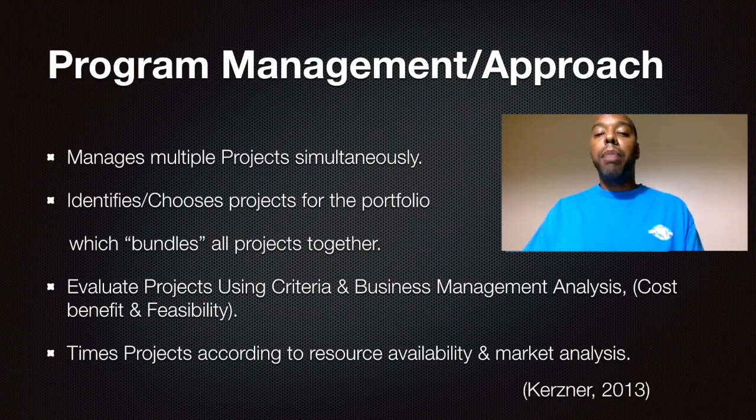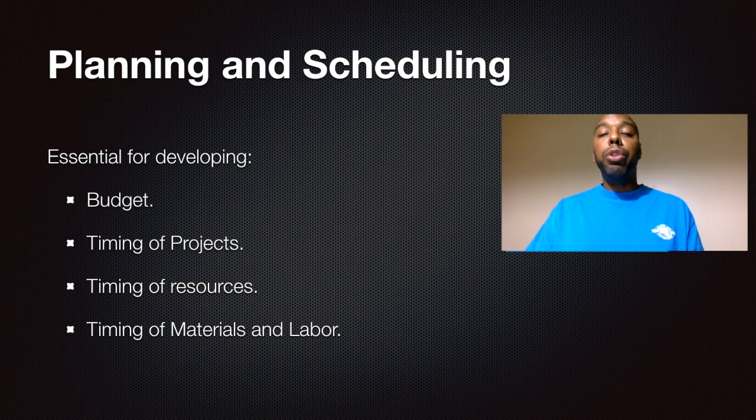There needs to be a timeline for the different projects because different human resources, different finances, different materials, just manpower, different things need to go into making the project successful, and that has to be timed. Now, when you time the program, you have to make sure that it's planned correctly and scheduled correctly.